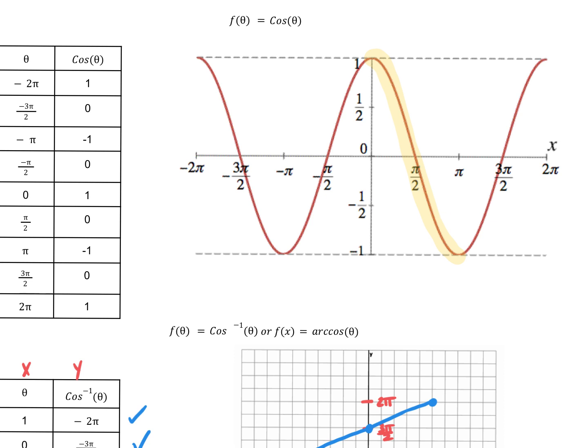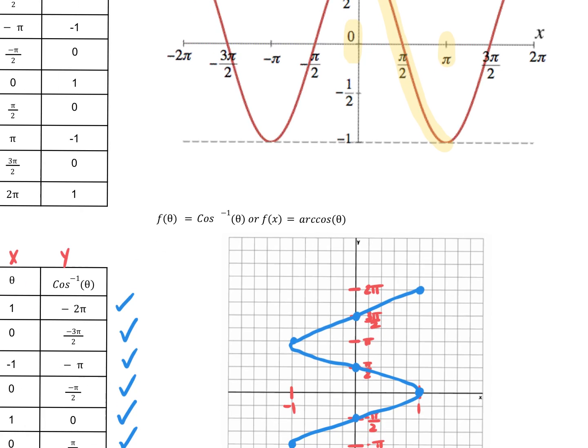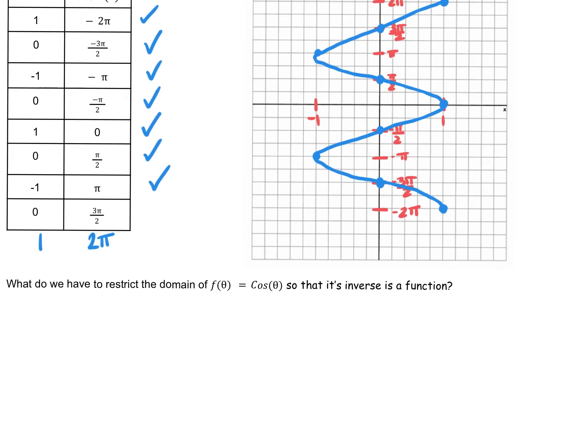So the answer is we will restrict the function cosine from 0 to pi such that its inverse will be a function. Because like I said, it passes both the vertical and horizontal line test there. So we will say between 0 and pi, or we could write it like this, between 0 and pi.